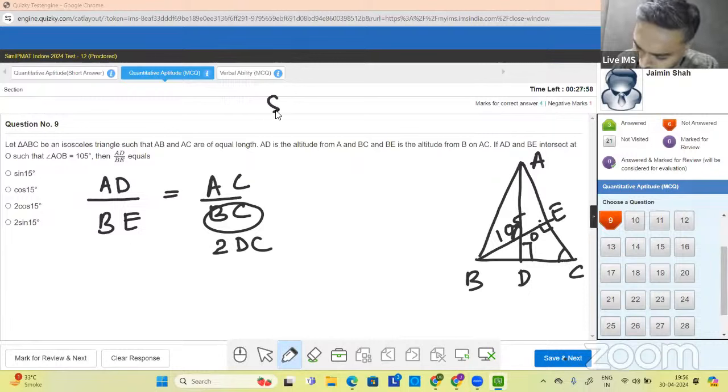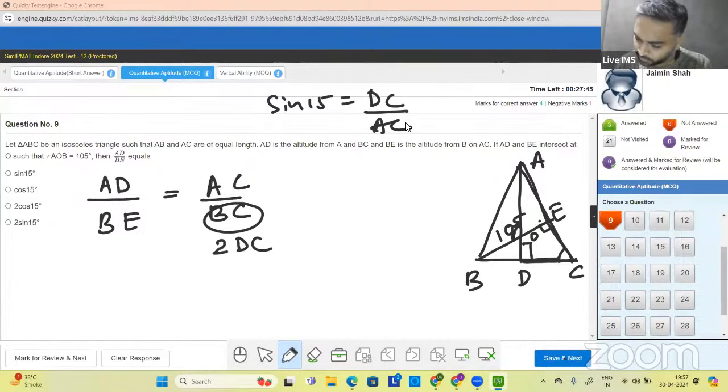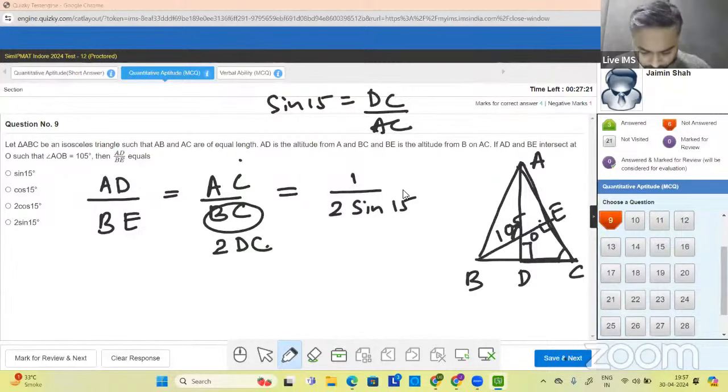So basically sin 15 will be BC/AC, BC/AC will be sin 15. So BC/AC, right? So this will be 1/2 sin 15. How do we simplify 1/2 sin 15?